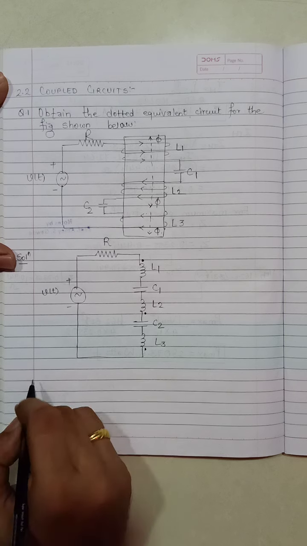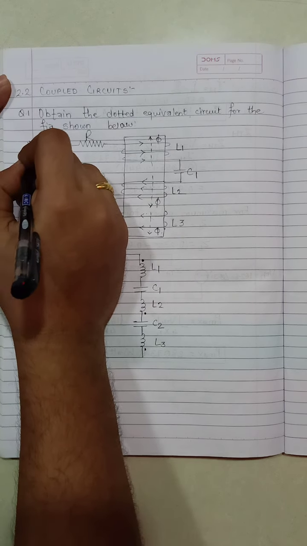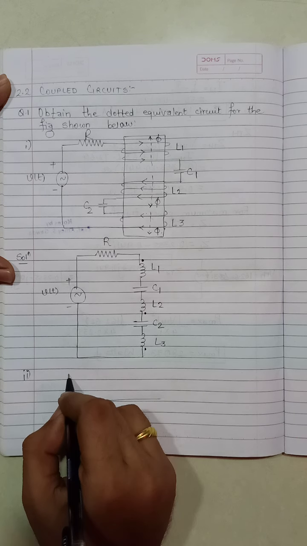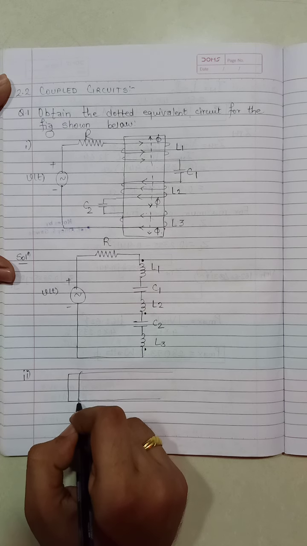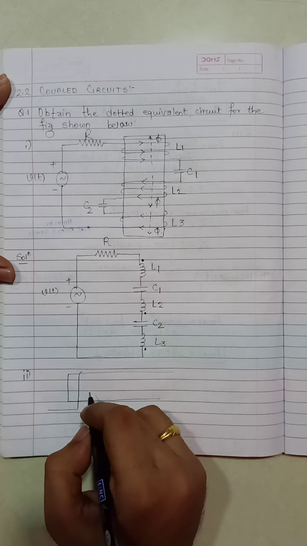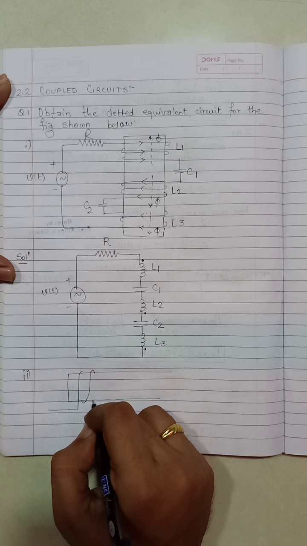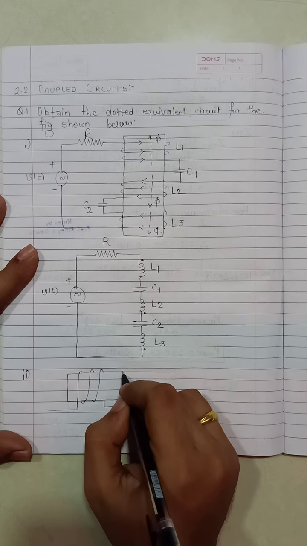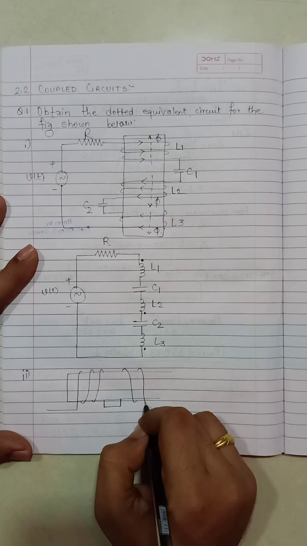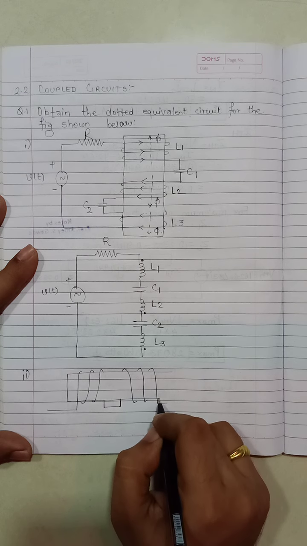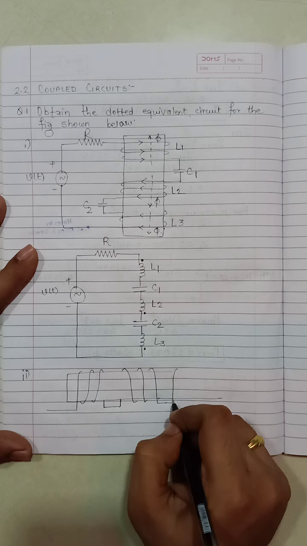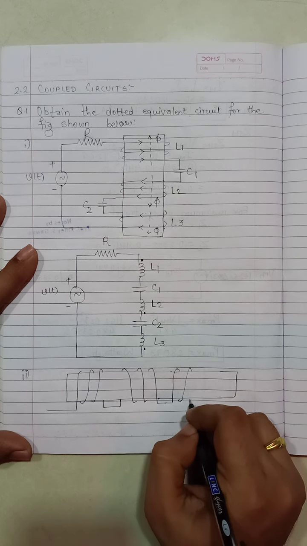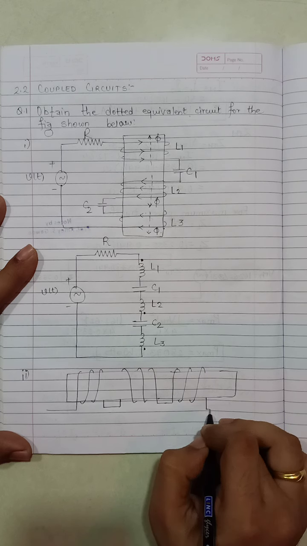Now question number 2 is given. Over a conductor you have a coil, say this is the diagram given.